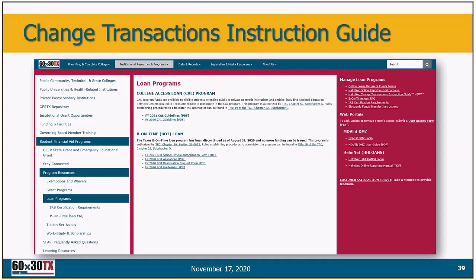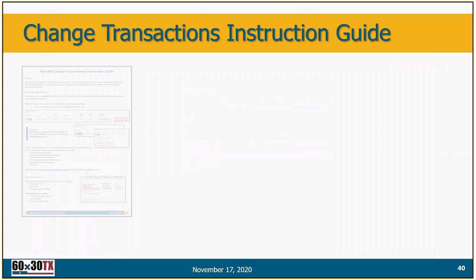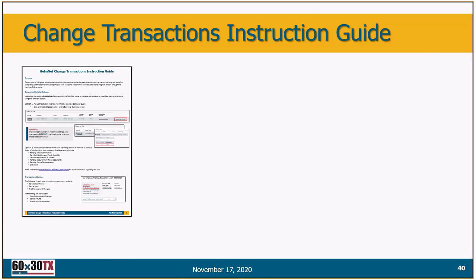First and foremost, if you go to Student Financial Aid Programs and you go to the right-hand banner, either on the Loan Programs page or Scholarships page, there is a HelmNet Change Transactions Instruction Guide, and it has a little "new" next to it. When you open that up, we have a 3-page walkthrough with instructions on how to make certain changes based on the loan or scholarship status.